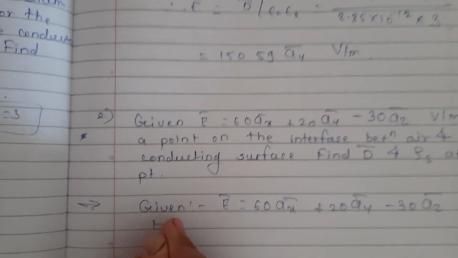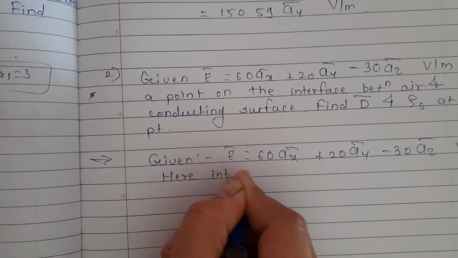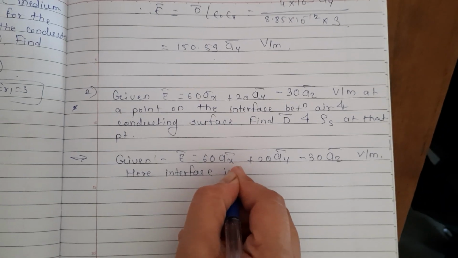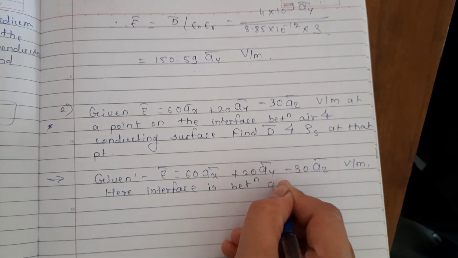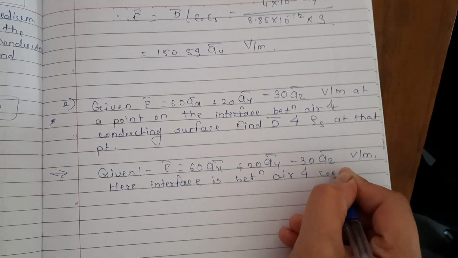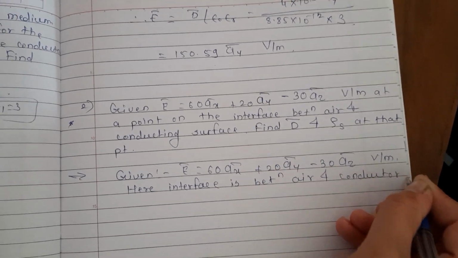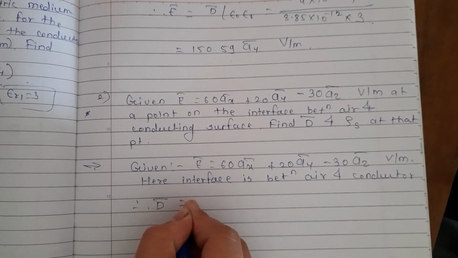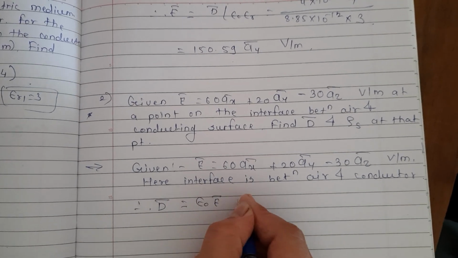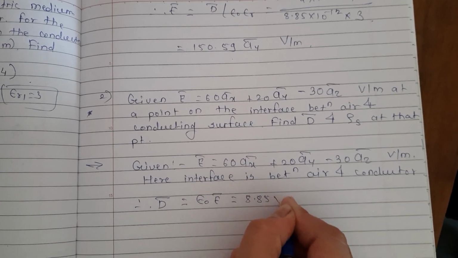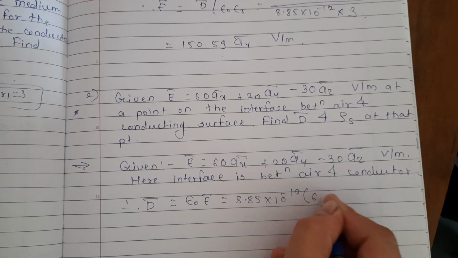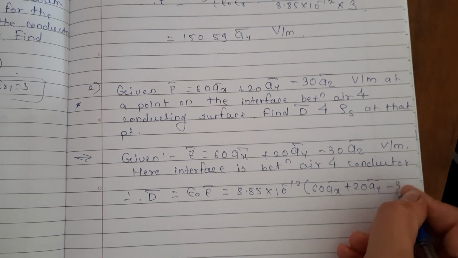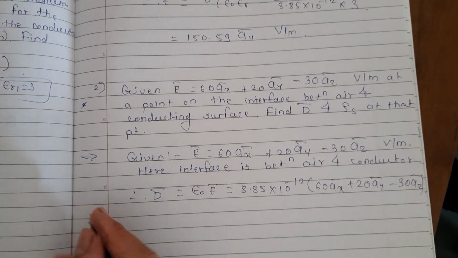Now we write here, the interface is between air and conductor. So D bar is equal to epsilon 0 E bar, 8.85 into 10 raised to minus 12 into (60 ax bar plus 20 ay bar minus 30 az bar).